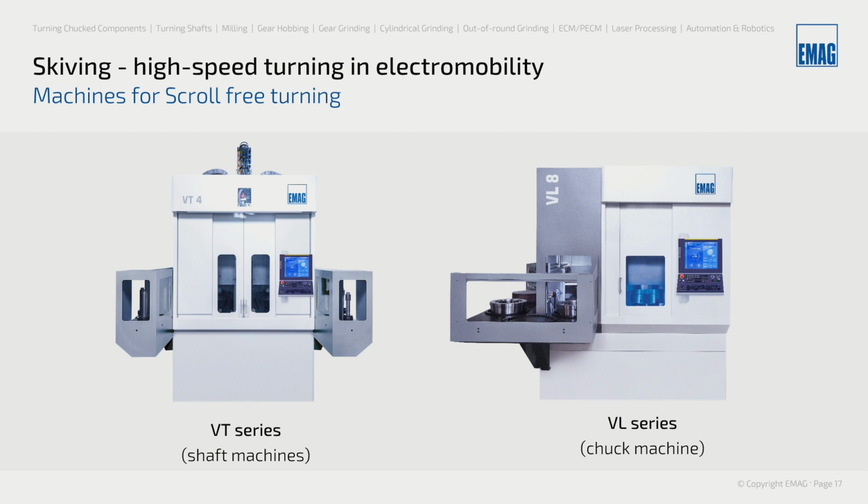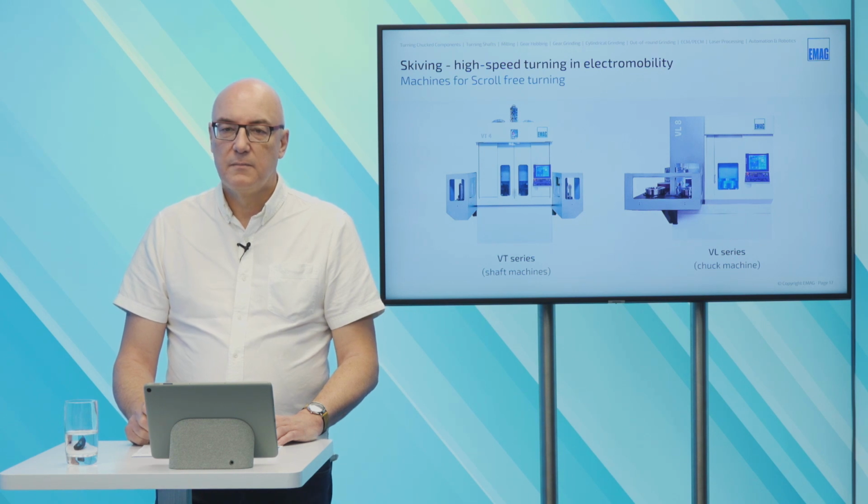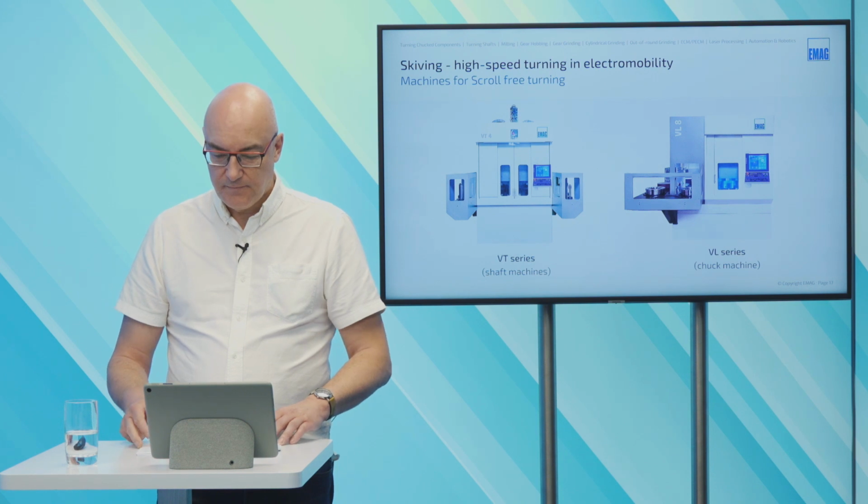But we have also the VT100 or 200. It's the same machine, but with Siemens control unit. And on the right side, you see the VL series. We use this machine for flange parts, and the VL3, VL8, so different sizes of this machine.